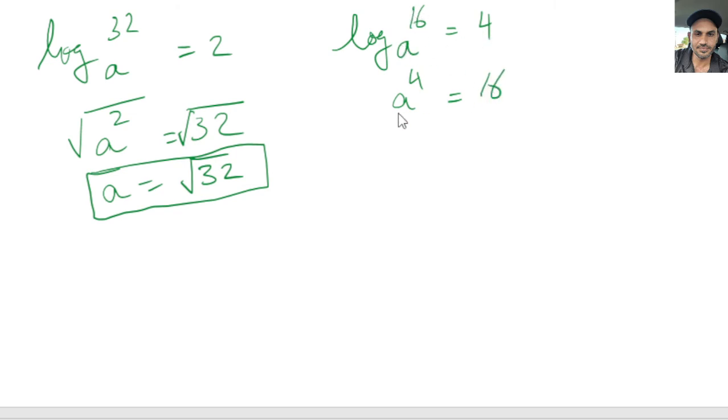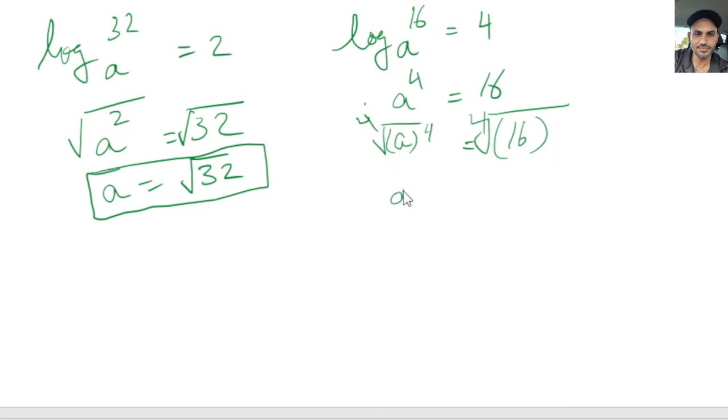Now basically we have to take the 4th root of a to the 4 equal to the 4th root of 16.